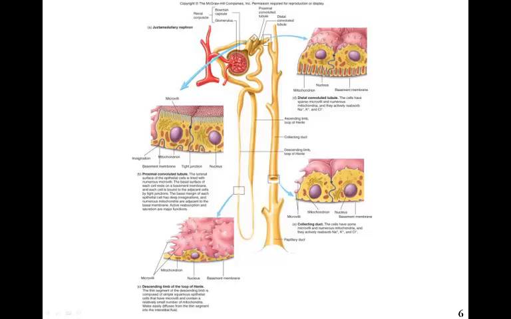And then they have microvilli, and you probably remember when you see cells with lots of little projections like that, the projections are there in order to increase surface area. And cells that have a lot of surface area do a lot of absorption, right? We said the PCT is where most absorption occurs. Well, these are cells that do a lot of absorption. They need a lot of surface area, thus the microvilli.